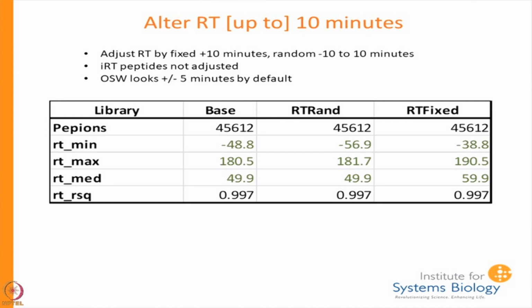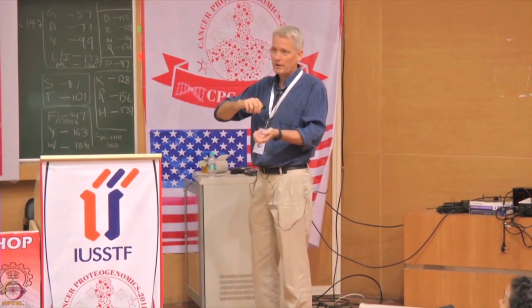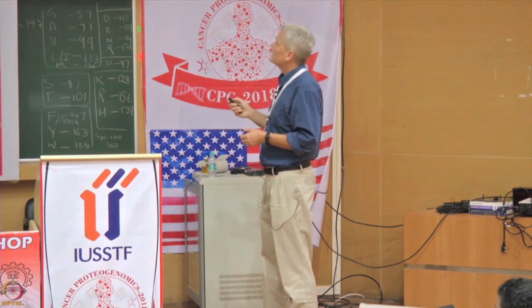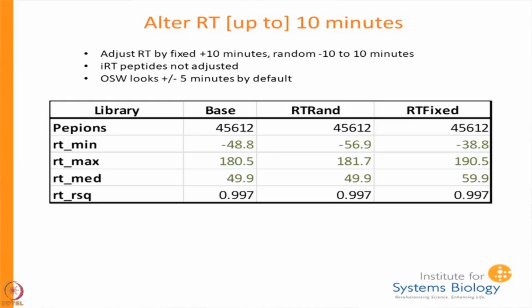First, I randomly added or subtracted up to 10 Daltons from every peptide. So maybe I added 1 and subtracted 3 and added 10 and subtracted 2. It's randomized. You can see that the minimum does go down by about 10. The maximum doesn't really go up. And the median stays the same because I've done this randomly, so I've added as much as I've subtracted.